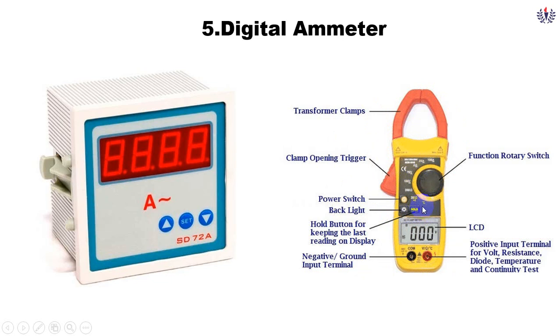Especially to measure the current, we go for the tong tester. Just press this, open the mouth of the transformer clamps and keep the conductor in between, so you can easily measure the value of the voltage or current. This is a modern instrument used to measure current, voltage, and ohms also. It can be used as a multimeter also by inserting the probes.